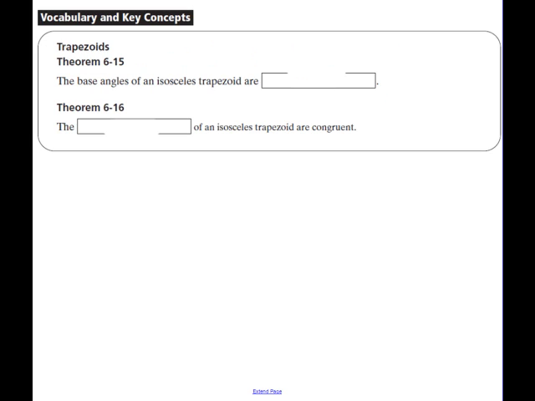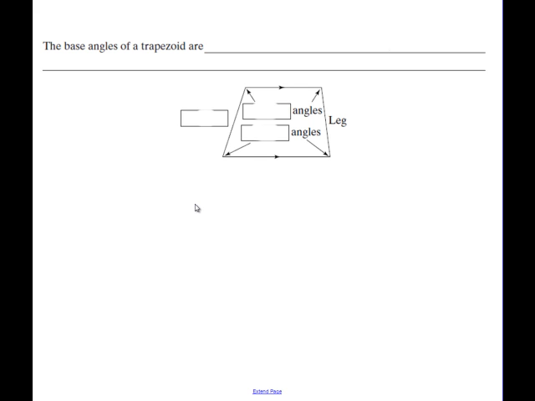As we continue on into the lesson, I first wanted to look at this general shape and remind ourselves of what exactly a trapezoid is. In lesson 6.1 we defined it as a quadrilateral with exactly one pair of parallel sides.